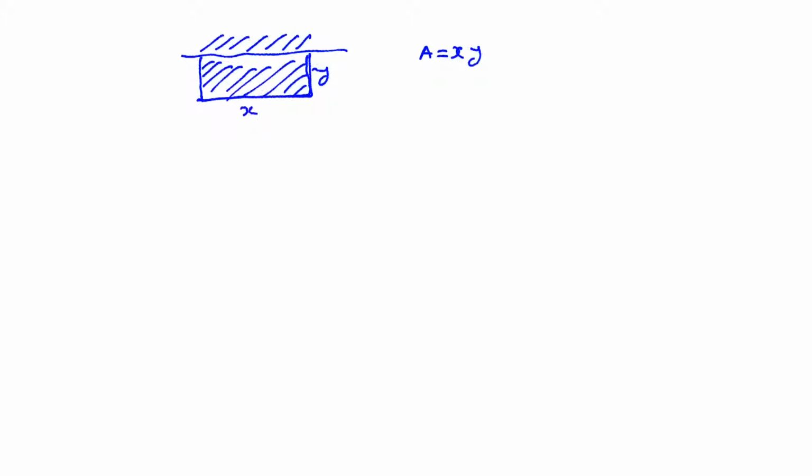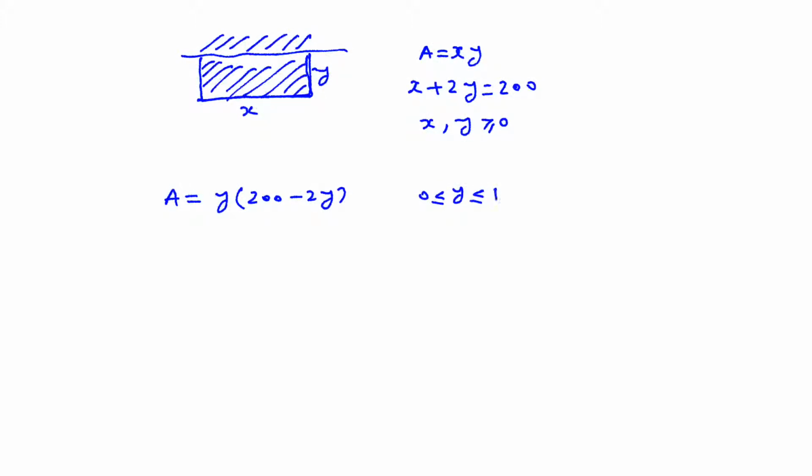We are looking for maximum of x times y. x plus 2y is the amount of fence, which is 200 meters. x and y should be greater or equal than 0. This is equivalent to saying we want to maximize y times (200 minus 2y) when y is greater or equal than 0 and less than 100. Again, we want to maximize a function on a closed interval.